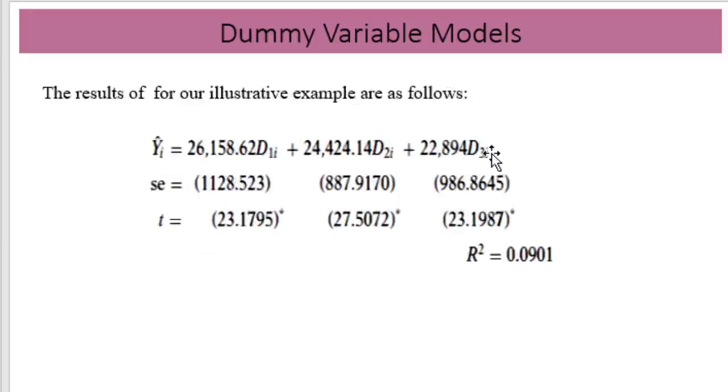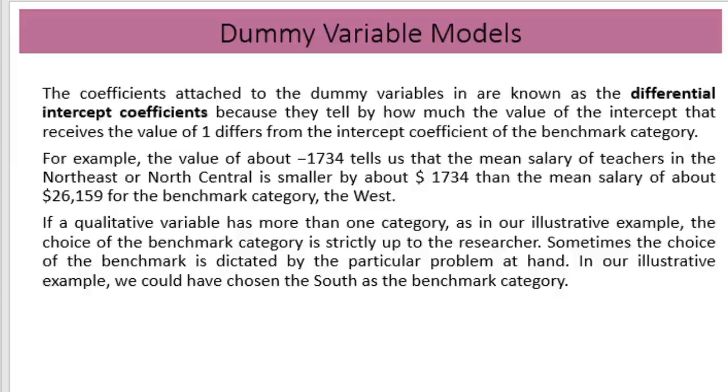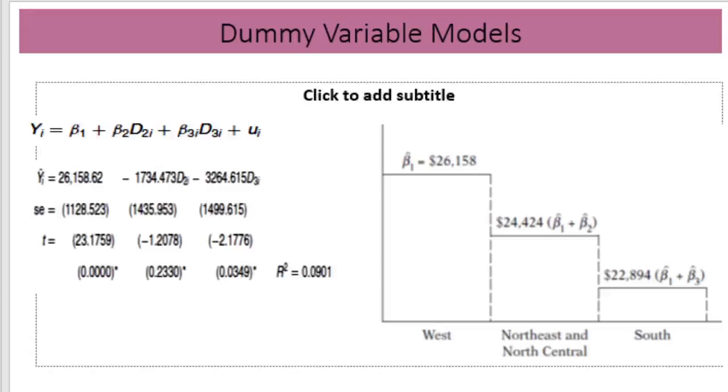This was the result when we used only 2 dummy variables. The coefficient values were 26,158 for the West, 24,400 for the North and 22,894.